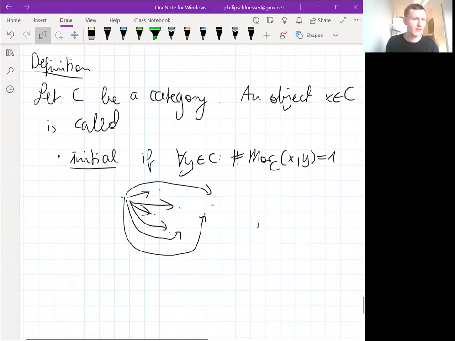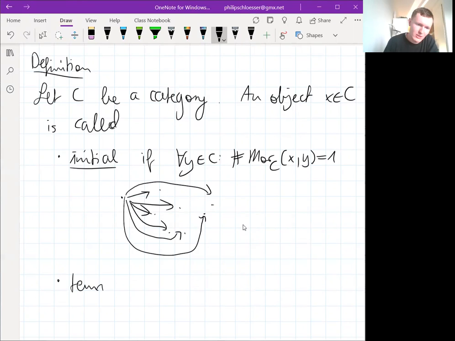Not every category has an initial object. And of course, you can prove that the initial object is unique up to unique isomorphism.